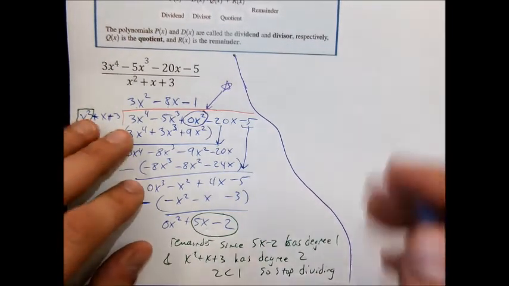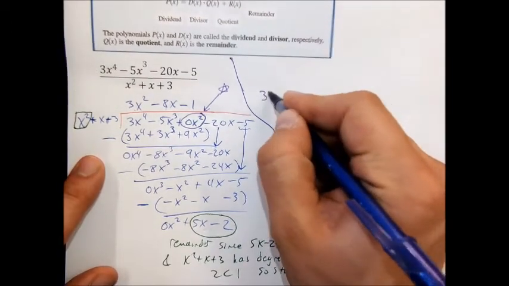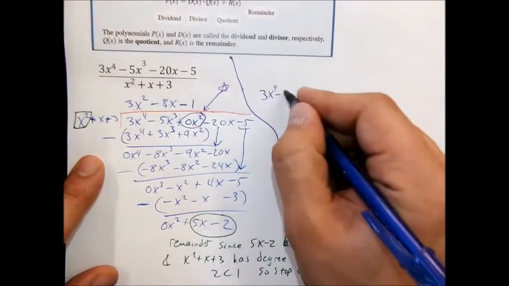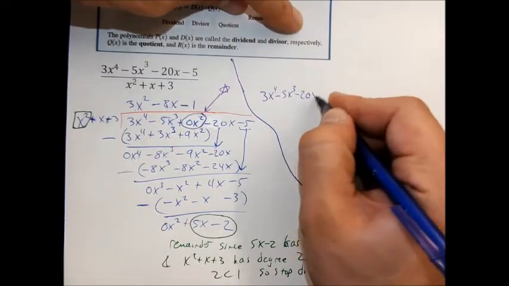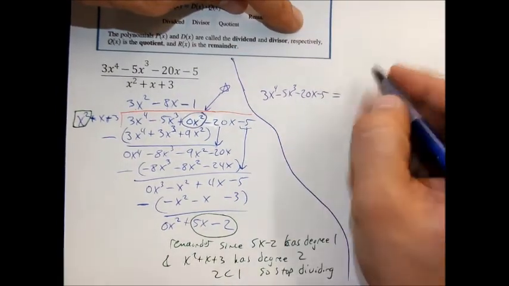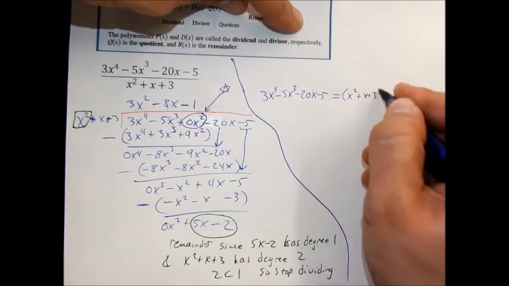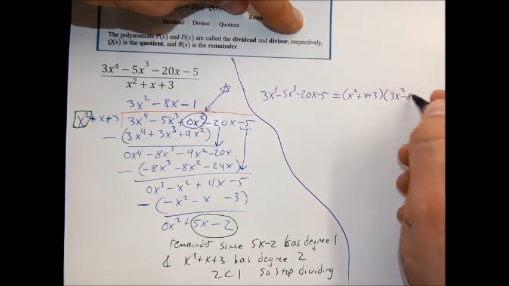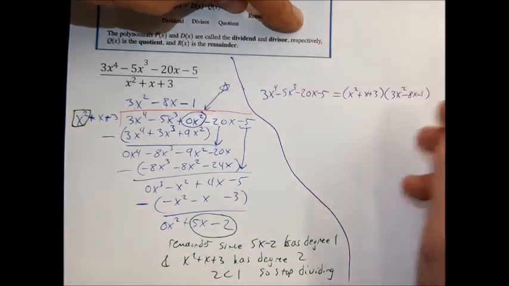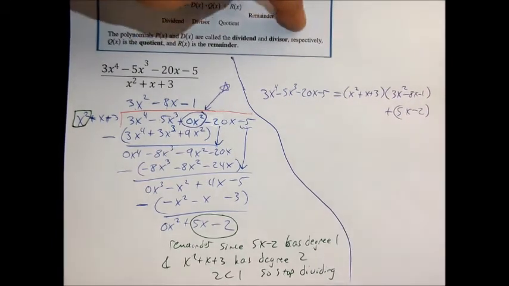And so then our answer can be written as follows. We can write it in two ways. We can write it as 3x to the 4th minus 5x cubed minus 20x minus 5 is equal to our dividend, or our divisor, man, I can't get those words straight, times our quotient plus our remainder. That's one way to write it.